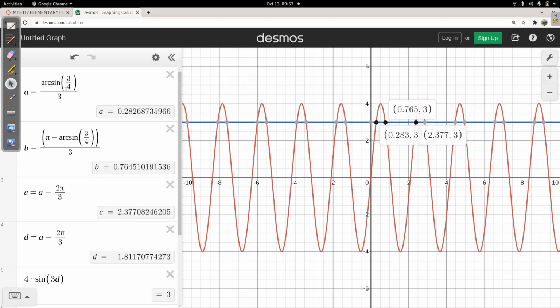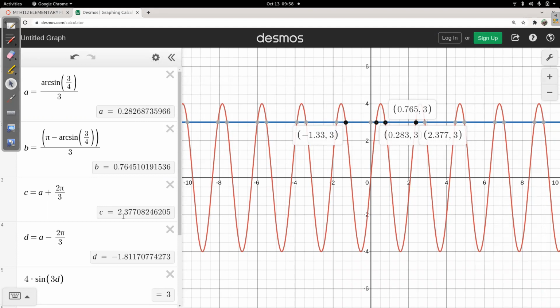And from A, I subtracted the period. So this was A right there. Subtracting the period should put me here. So there's my negative 1.812. And you say, well, what about this one? Well, notice that this point right here is to the right of that peak. So that would be related to this point right here. So that would be my solution B minus the period would get me there.